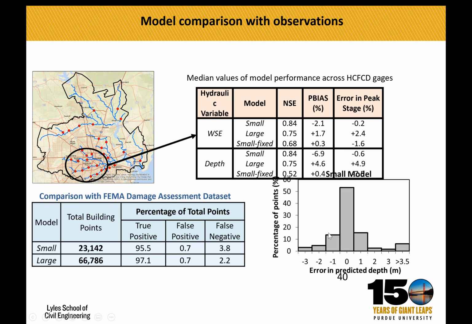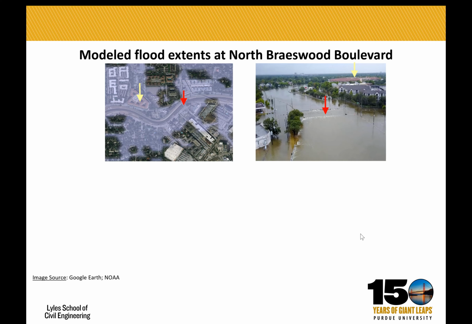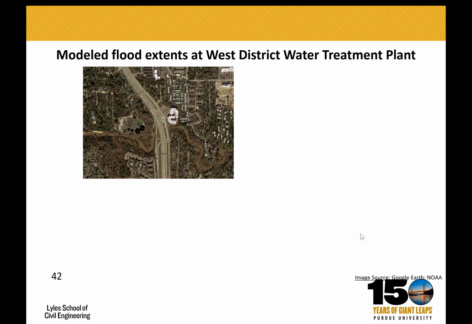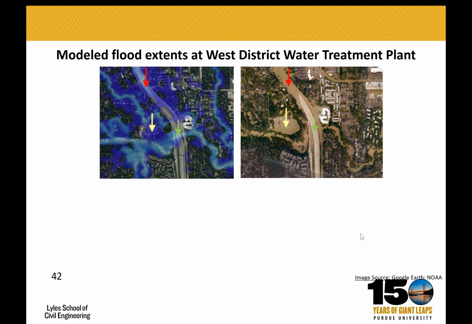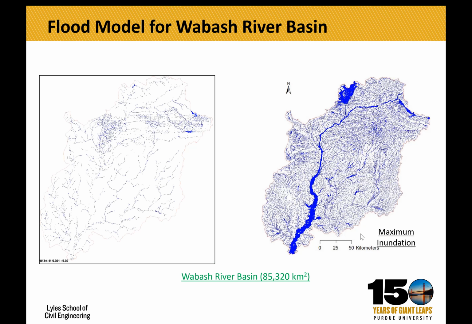So overall, about 80% of the inundation depths that we compared from our model with observations were in less than 1 meter range. This just shows the inundation with observed images. So wherever our model says will get inundated, that was inundated during Hurricane Harvey.